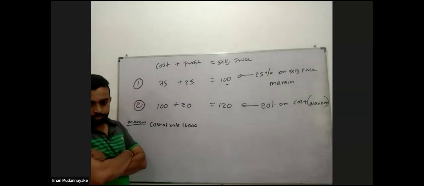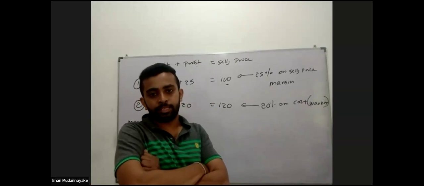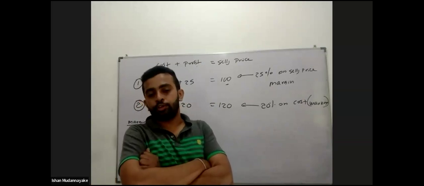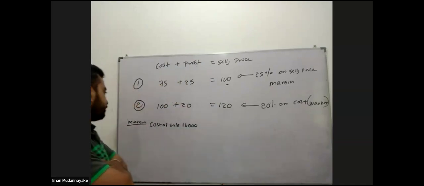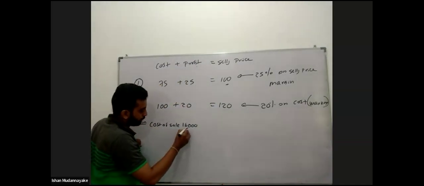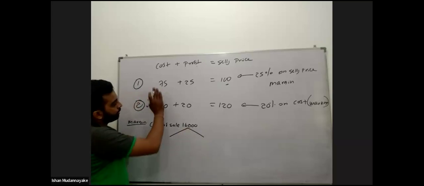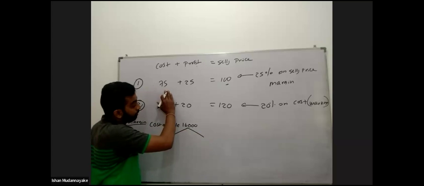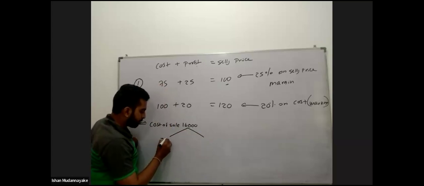You need to calculate sales and gross profit. The examiner has given you total cost of sales as 16,000, and you need to calculate total sales.